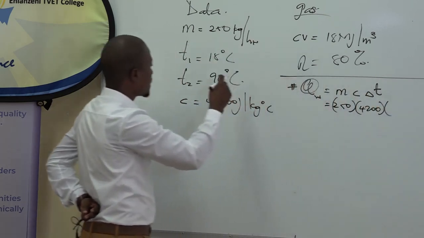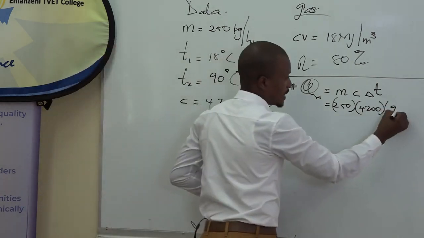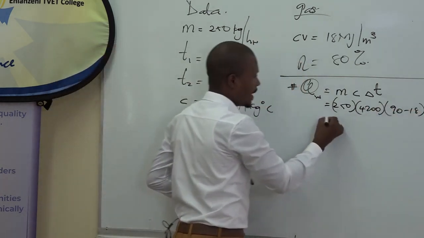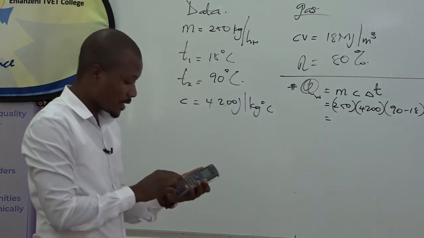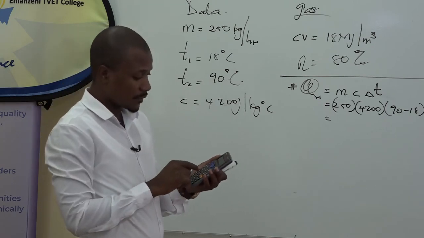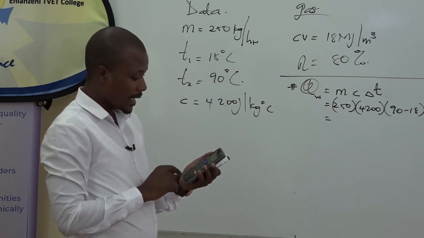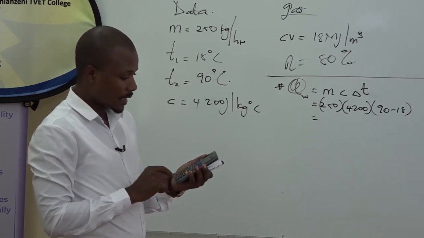And the change in temperature, T2 minus T1, is 90 minus 18. Let us punch that in our calculator: 250 multiplied by 4,200 multiplied by 90 minus 18. We get that value.